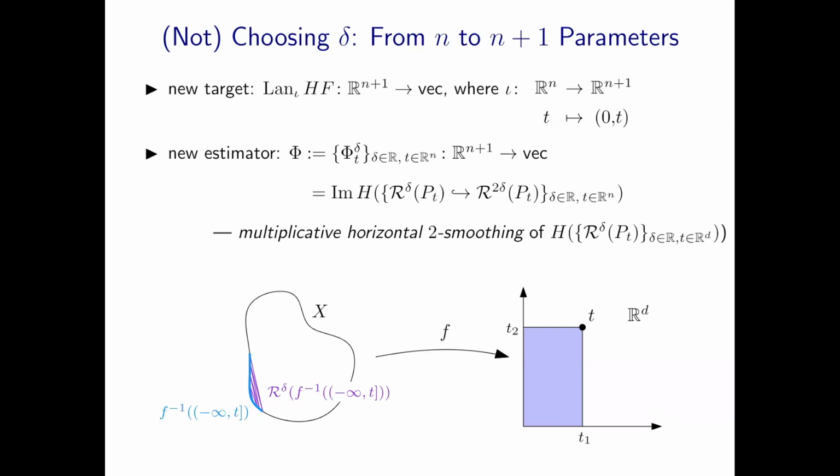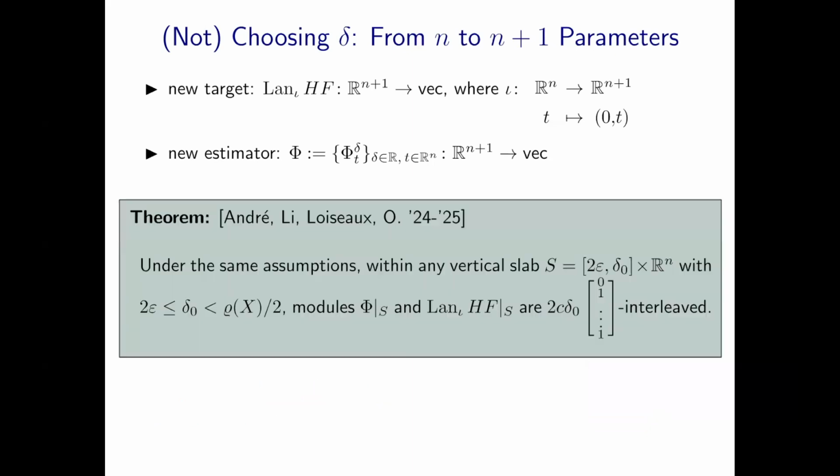You take the function Rips multifiltration, and then you smooth it horizontally along the first axis, multiplicatively, not additively. So each phi delta is mapped into phi 2 delta. This horizontal multiplicative smoothing gives you the module phi. So it's a smooth version of the module induced in homology by the Rips multifiltration.